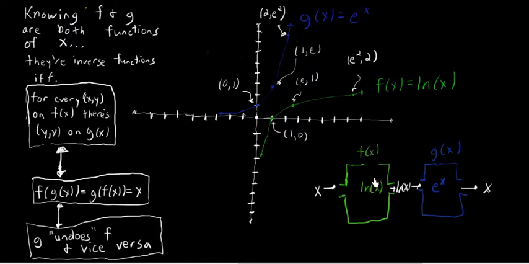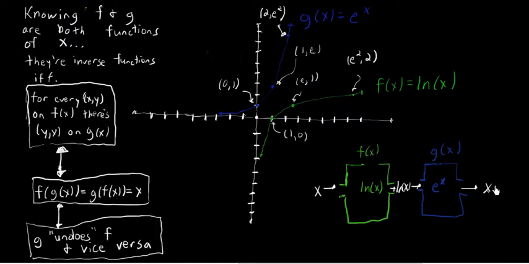So you can see here that the composition is clearly x, right? Sorry, this is g of f of x. We first perform f, then we perform g on the result of f, and we got out x.